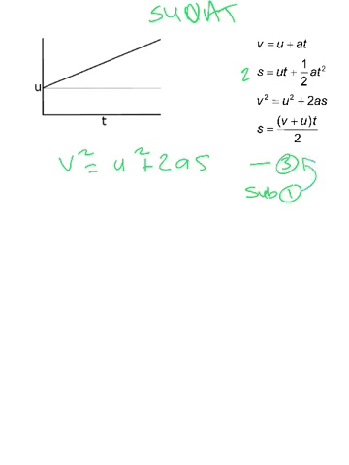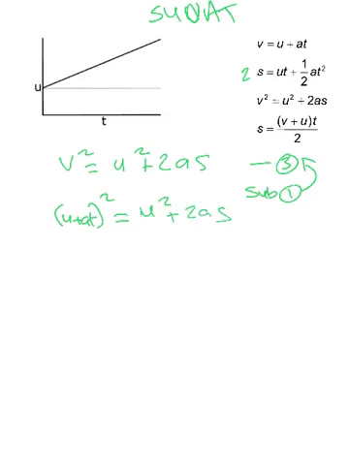So we're going to lose the v squared, and put v equals u plus at in its place. And then we're just going to carry on and write it out, plus u squared plus 2as.